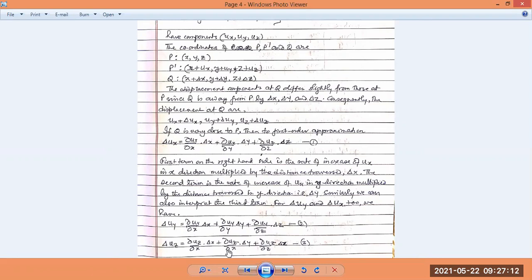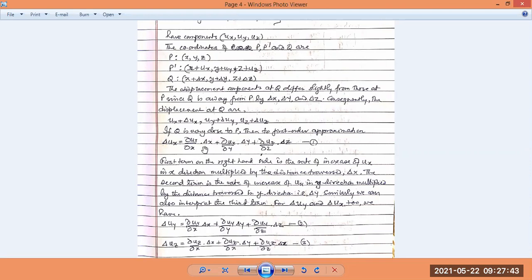Now, what is very clear in this function is that as Q is away by delta x, its displacement vector is also changed by a certain amount. The displacement of Q is not equal to ux, uy, or uz, but will differ to a certain extent. So how do you know? We differentiate ux, the original displacement, with respect to x, and multiply it by the change in position.